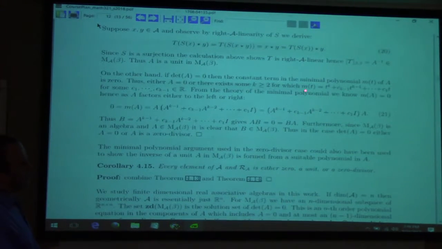So that means that the minimal polynomial has the form t to the k plus and so on, plus c1t.